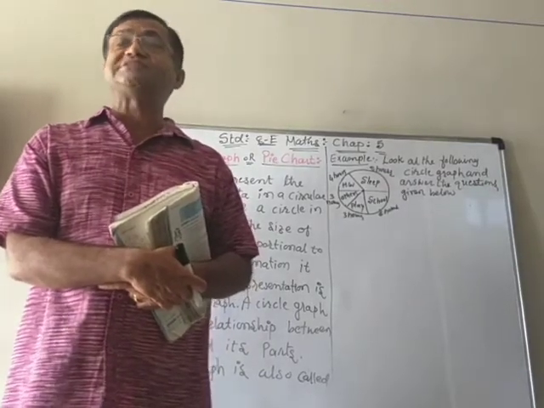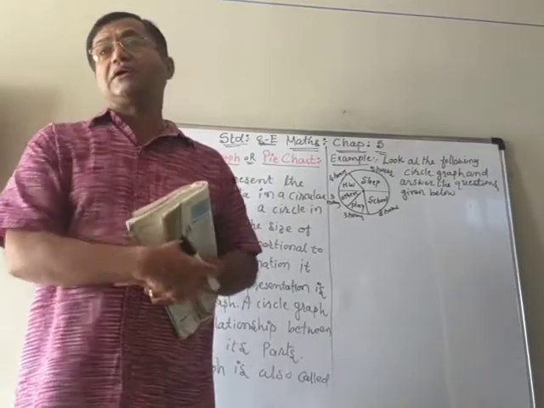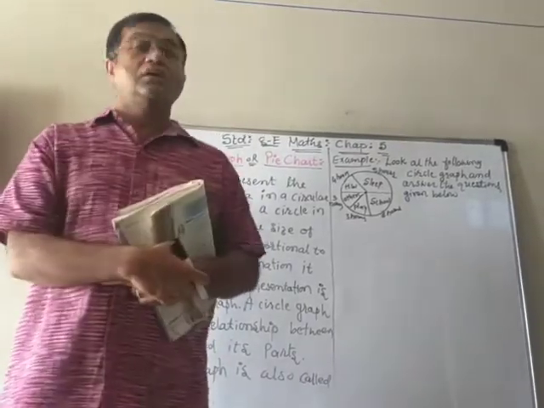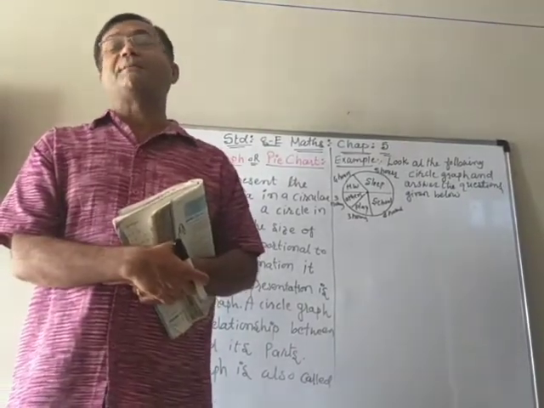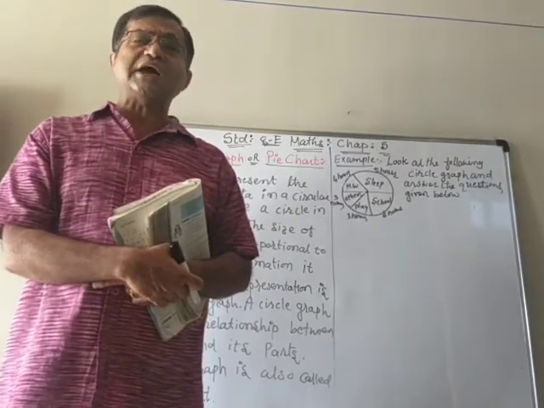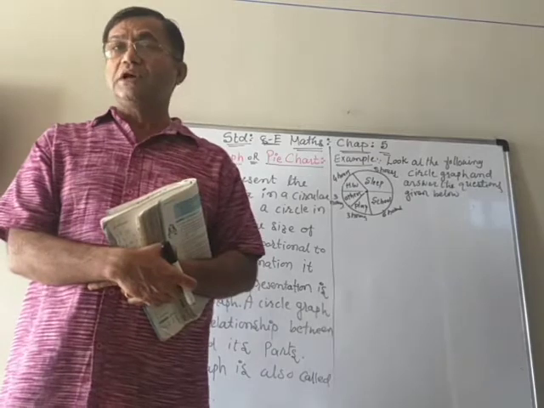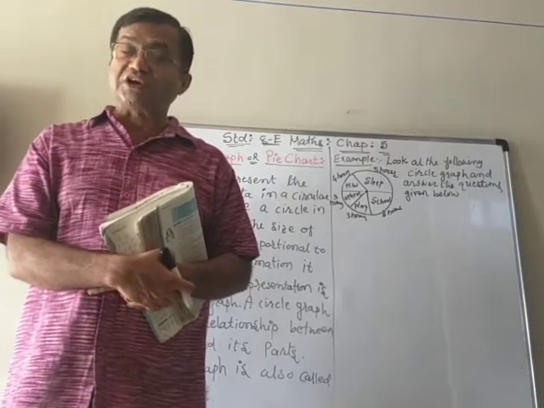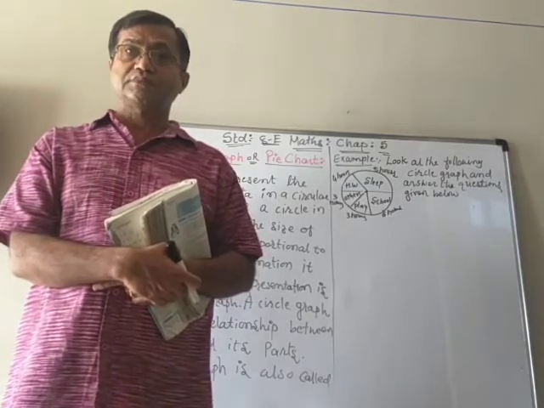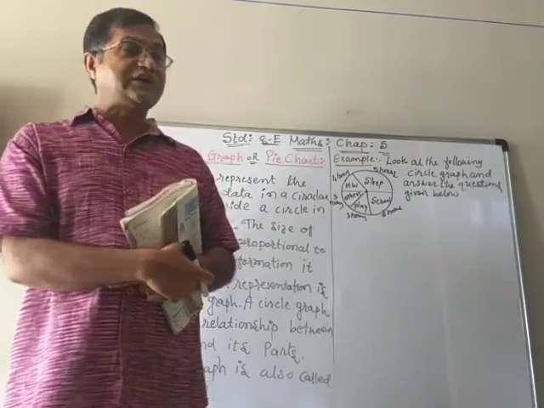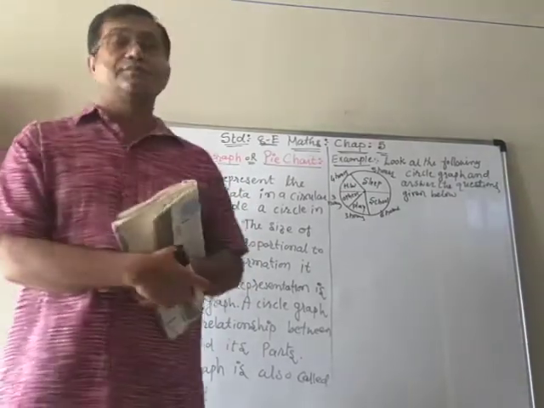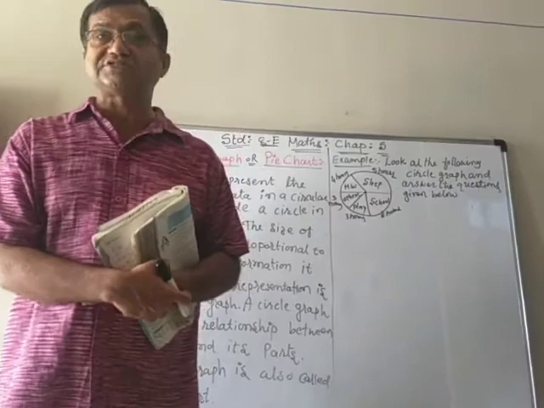How will we decide the size? That we will learn in an example. So this type of representation of data is known as a circle graph, which shows the relation between the whole and its parts.